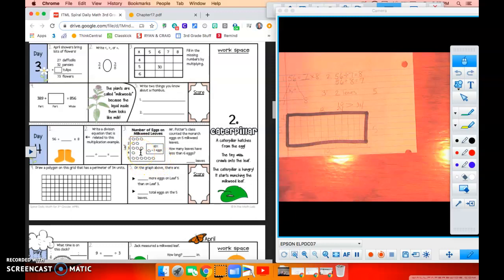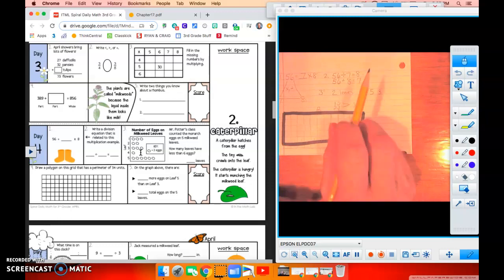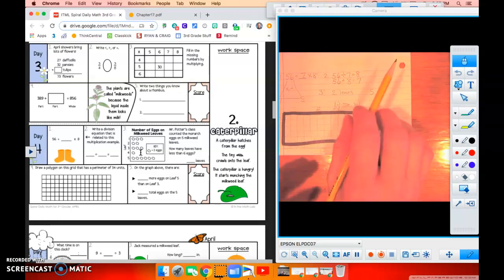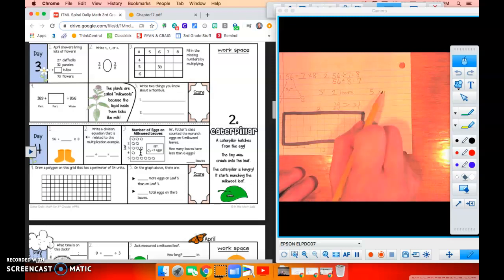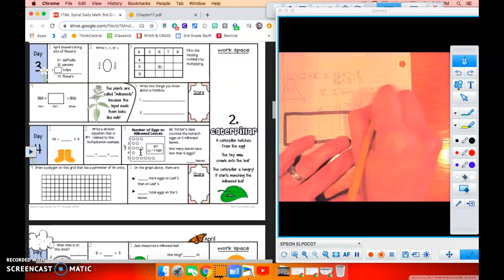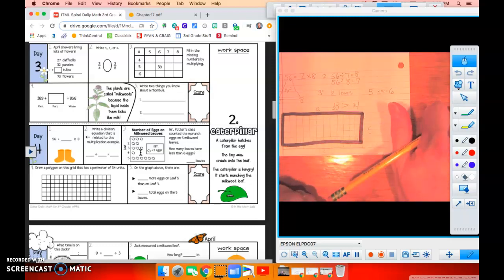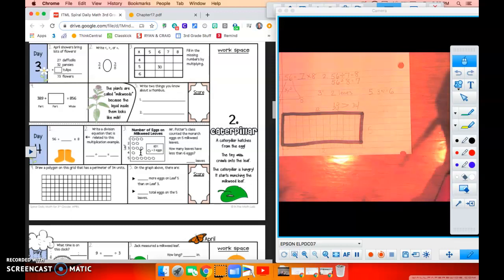There are 3 more eggs on leaf 5 than 3. No, that is not correct. Did I catch you? Or did you catch me? Did you catch it? It is not 3. Remember, each one is worth 2. It's 6. 6 more eggs on leaf 5 than on leaf 3. Oh, I thought maybe I caught you.